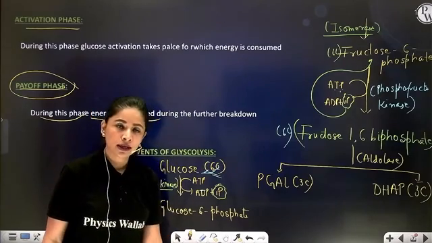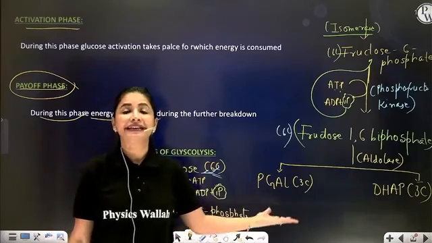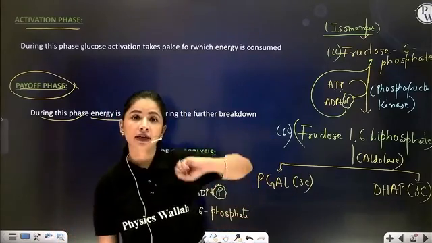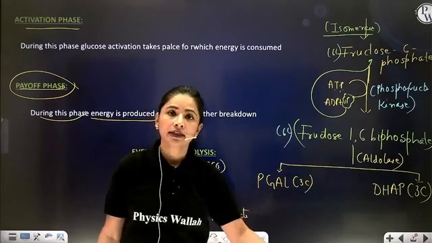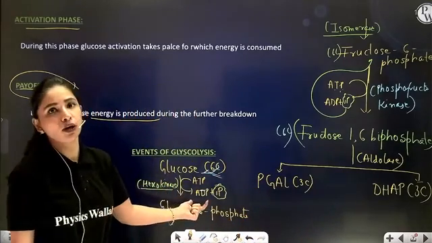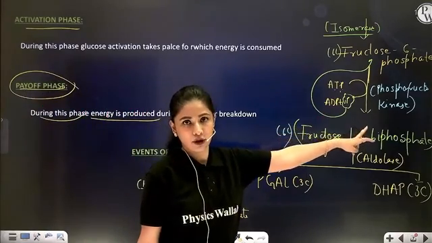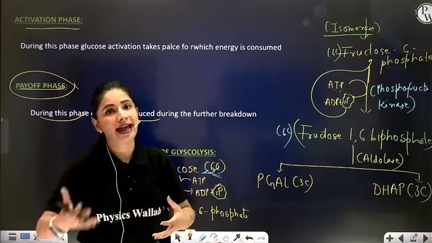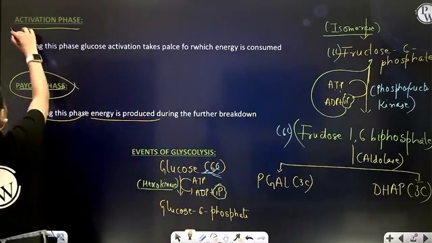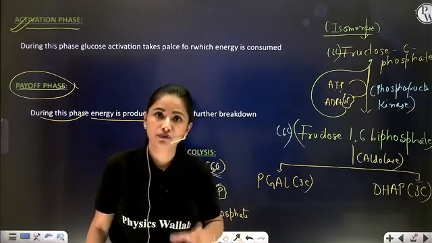Yes or no? Till here is your activation phase, because till here you have spent energy, you have given something to the glucose, and you have not received anything. Till now you have spent 2 ATP molecules, in the first step, and the second and third steps. So you are providing something to the substrate so that the substrate can get activated. Therefore the initial steps are known as the activation phase.